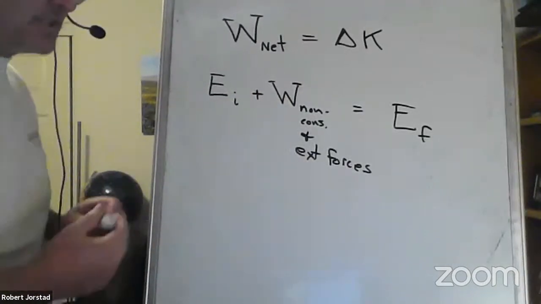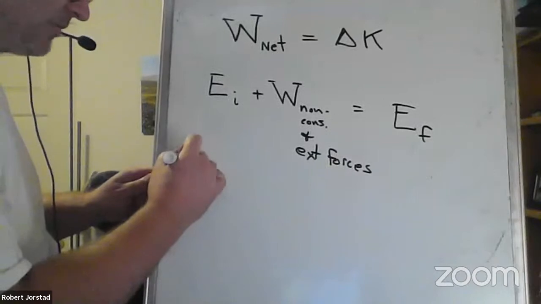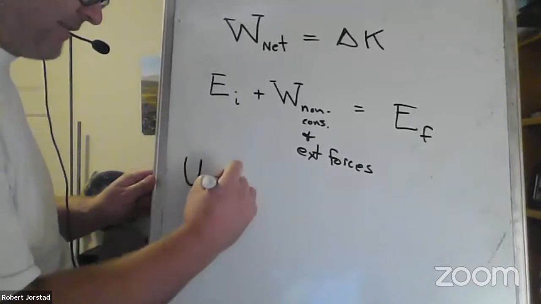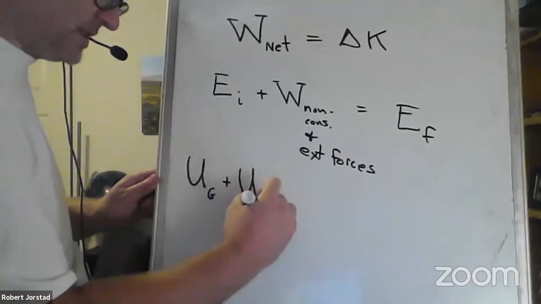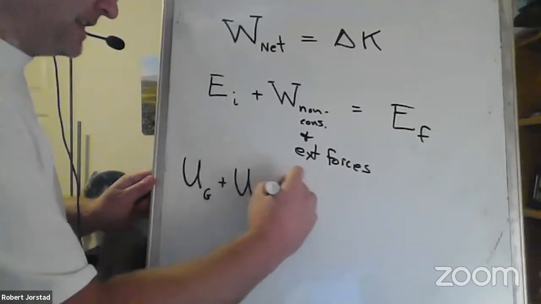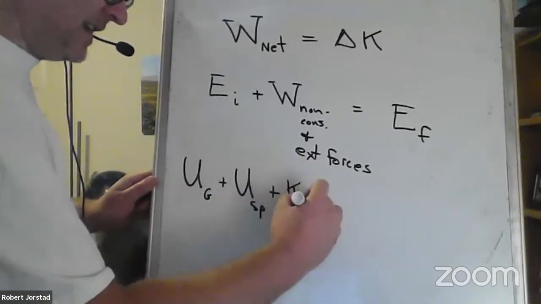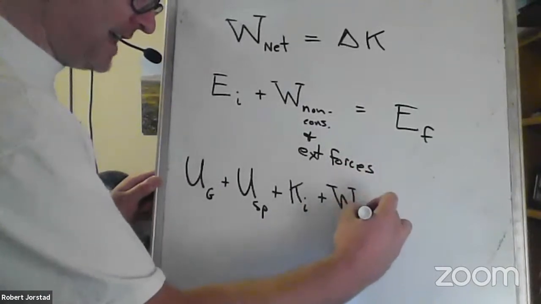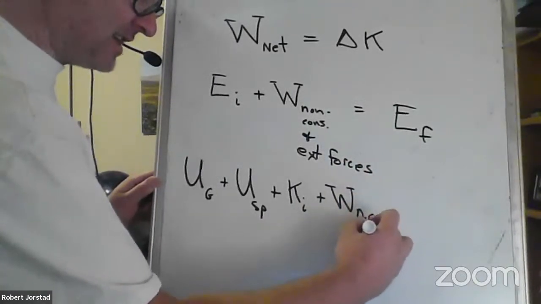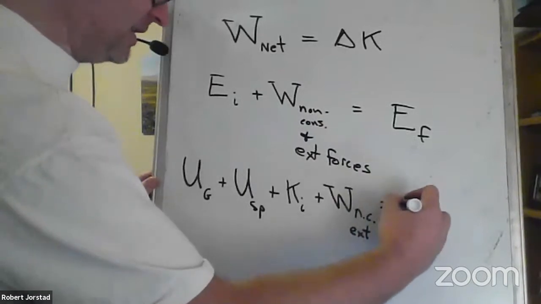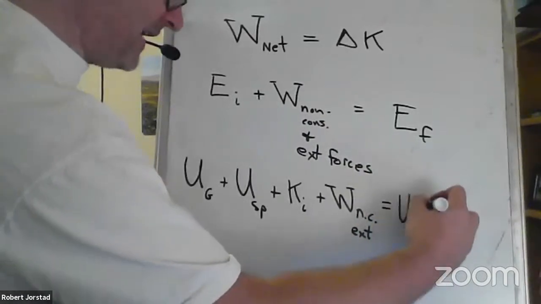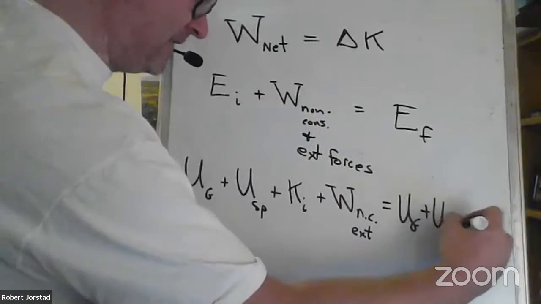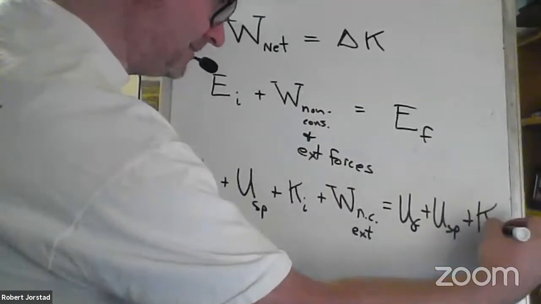But if we could do this right, it usually turns out where we get U due to gravity plus U from a spring plus kinetic energy initial plus work done by, I'm going to say NC/EXT, is equal to U gravity final plus U spring final plus K final.